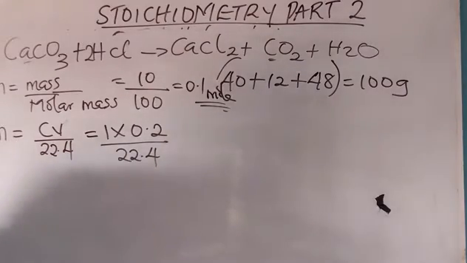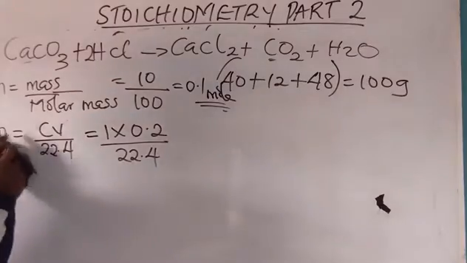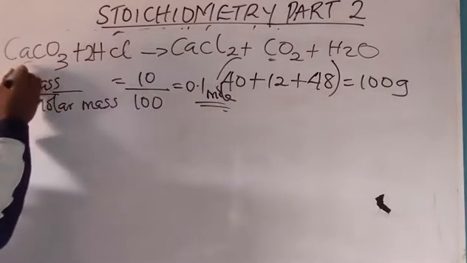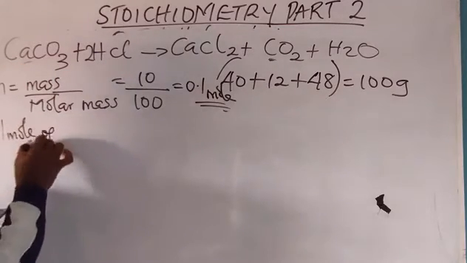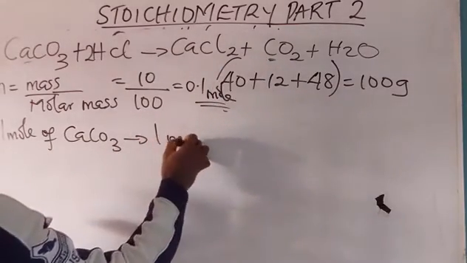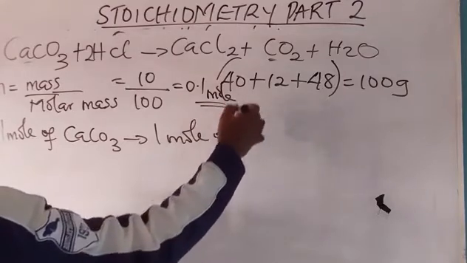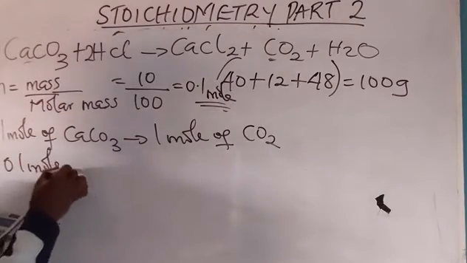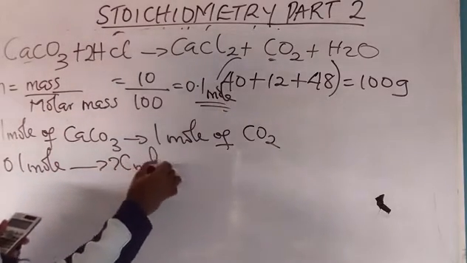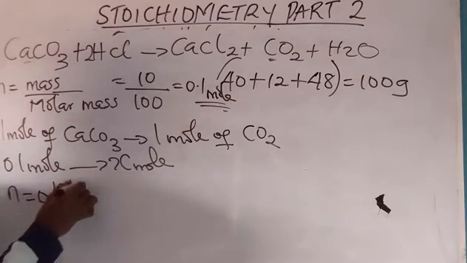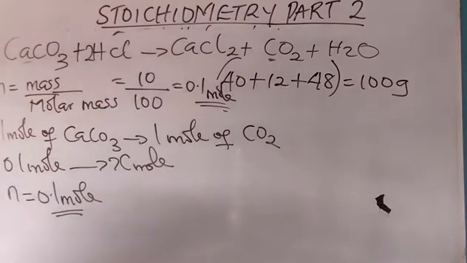Okay, let me try something. I don't like the figure that I'm getting right now. Since we have gotten this, I have 1 mole of CaCO3 will produce 1 mole of CO2, which means 0.1 mole will produce X mole. So the same, X is 0.1 mole. I just remember something now.